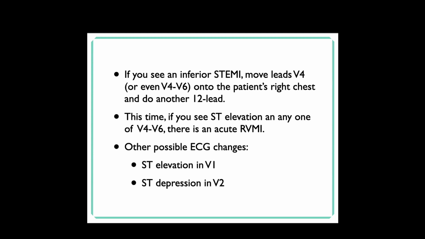Now, if it's a hospital 12 lead, you can actually have its own separate line. In a minute, we'll actually see a hospital 12 lead where the additional V4R, V4 right, has been added on.